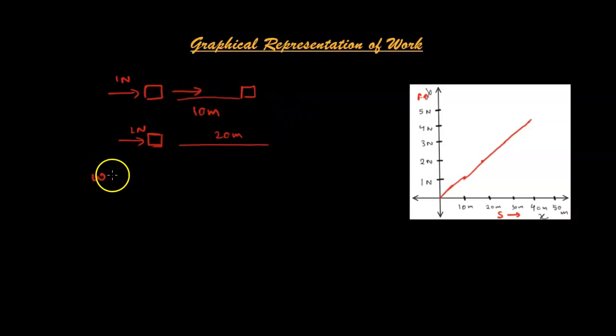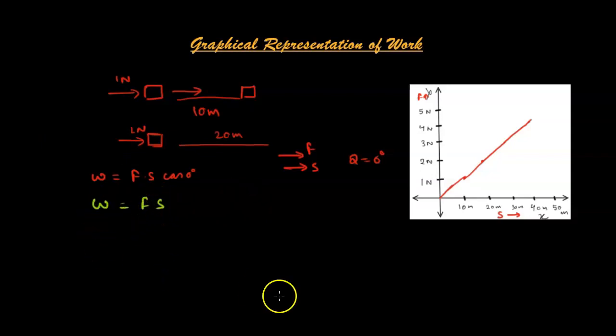So in this case, work is going to be F dot S cos 0 degree, because force and displacement are both in the same direction. So the angle between them will be 0. So theta is going to be 0 over here. Now understand this. In this scenario, work will be exactly the multiple of force and displacement.